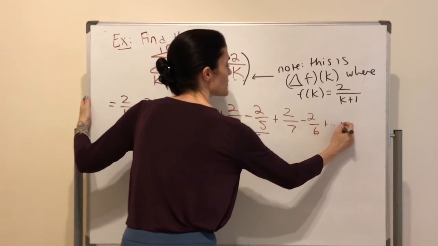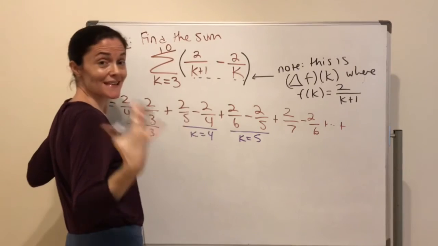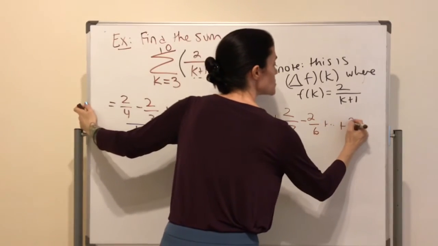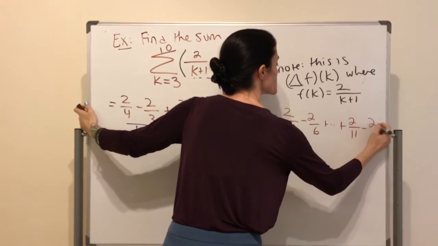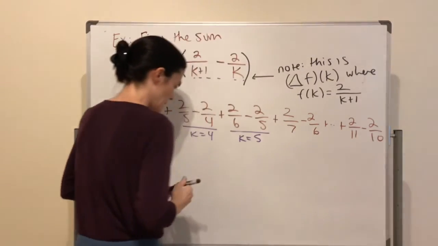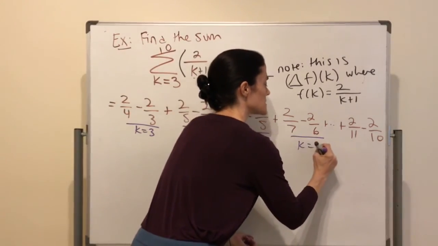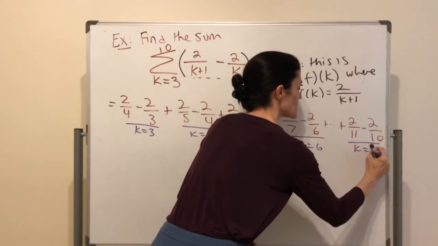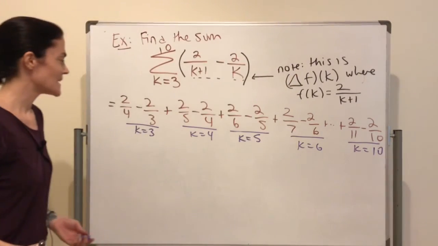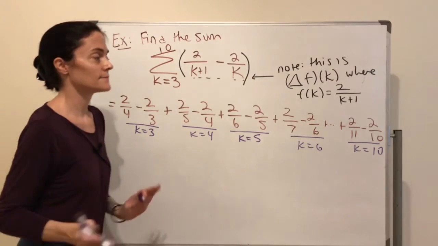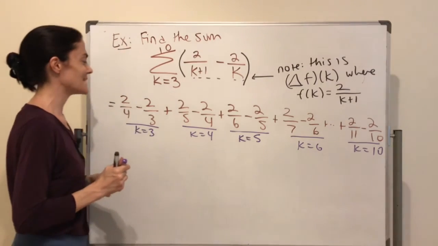And then let's jump to the last one, which is k equals 10. We get 2 over 11 minus 2 over 10. And just as I said, this one is k equals 6 and k equals 10, okay? So here we see some of the terms written out.